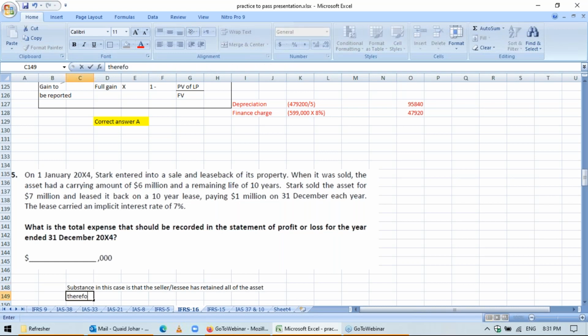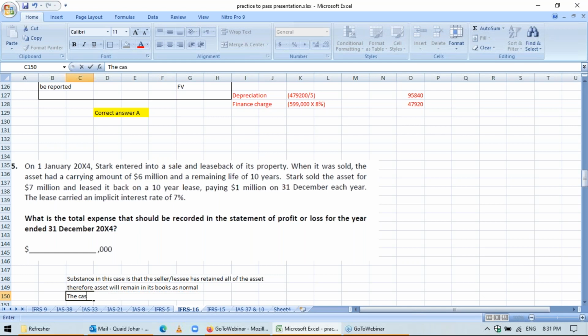Therefore, the asset will remain in its books as normal, as we account for it normally, and the cash received will be accounted for as a loan and interest will be calculated on it.